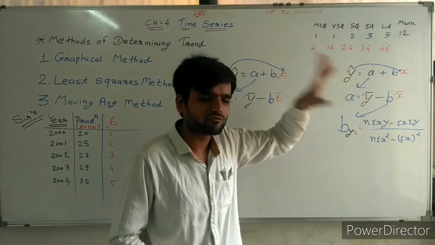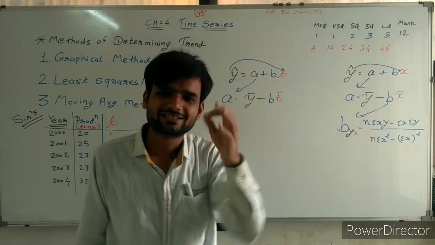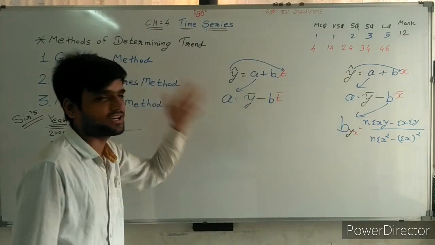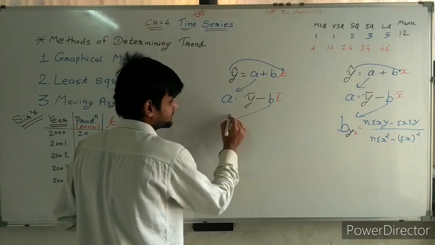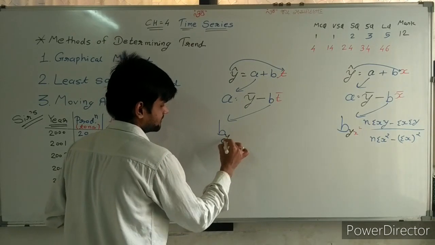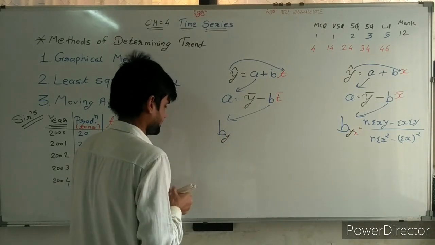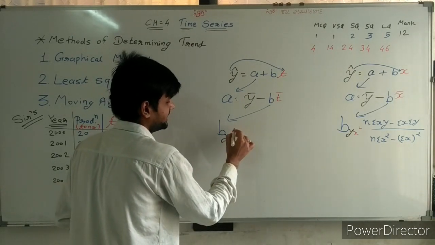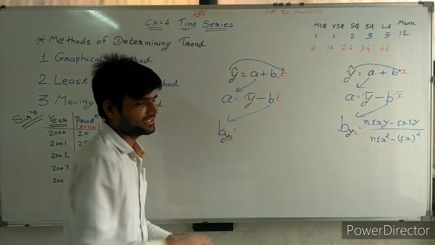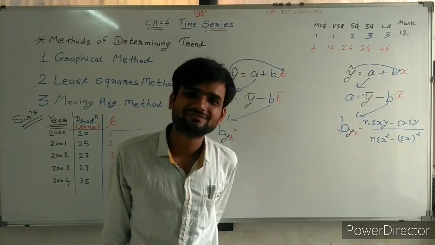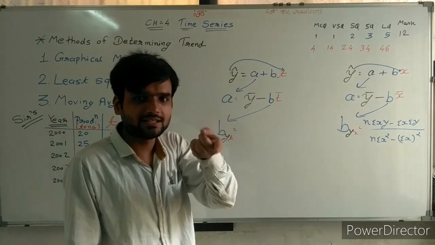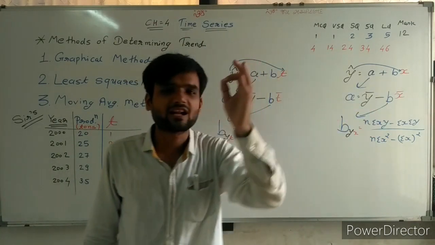So this is the value of b. The same is written here for b, but here y depends on t, so we write b for y on t. Same formula, but instead of x we are writing t.